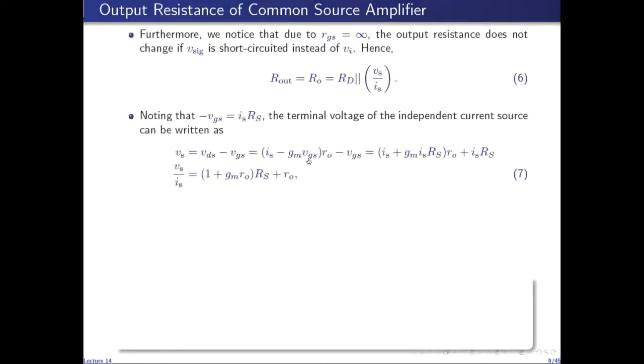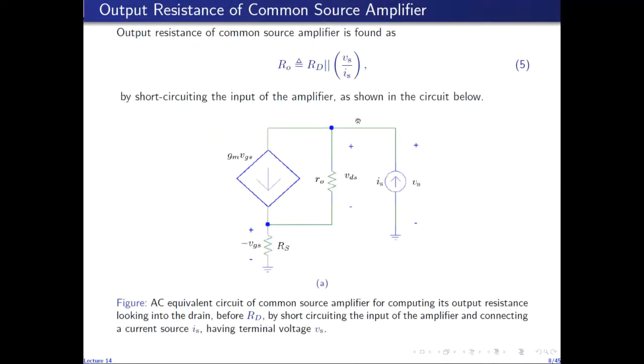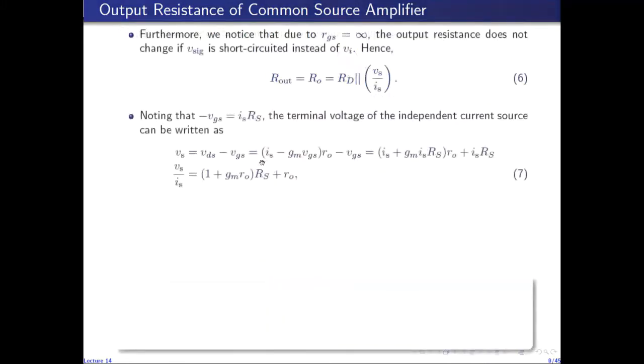VDS is the current through R naught times R naught, and the current through R naught is Is minus GM-VGS. So we replace minus VGS with plus IS-RS. We take Is out common and divide by Is on the other side, and Vs over Is is given by this expression.